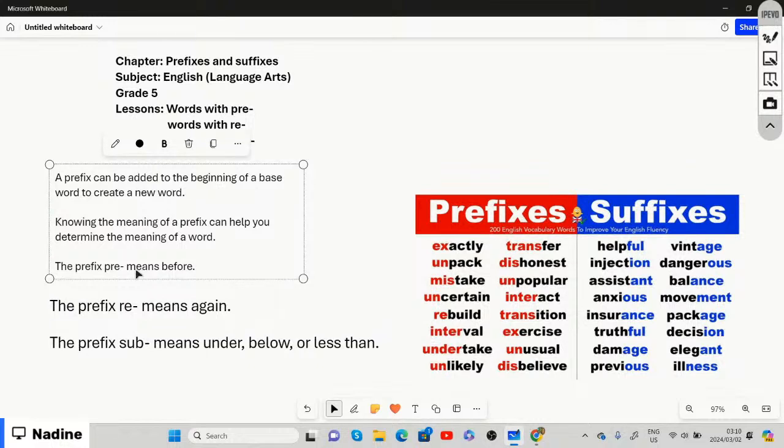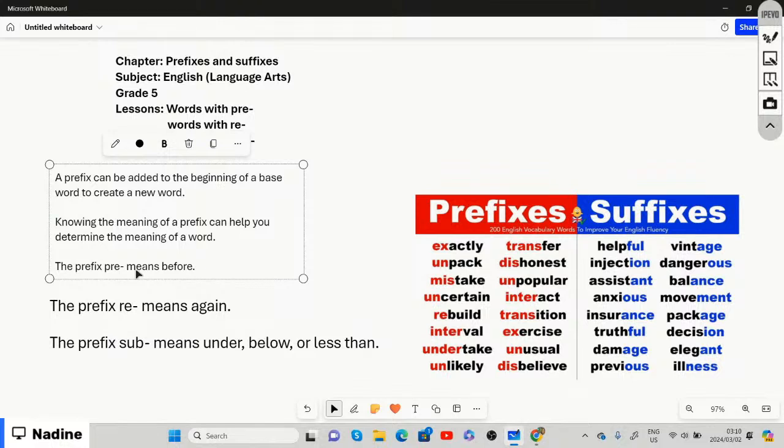Then we have the word re. Re means again. So retry is try again. Replay, you play it again. Redo is to do it again, and so on.